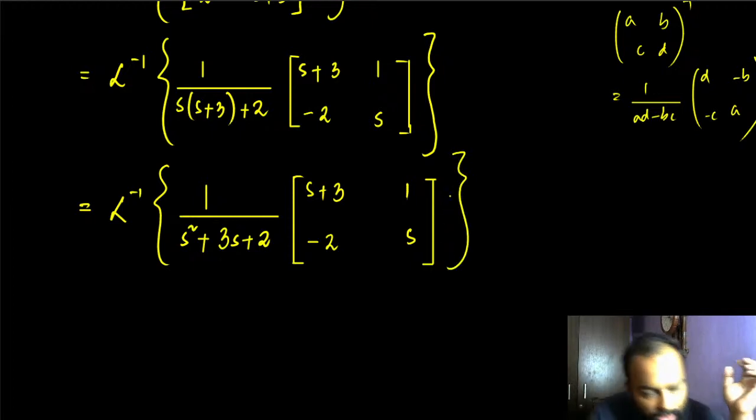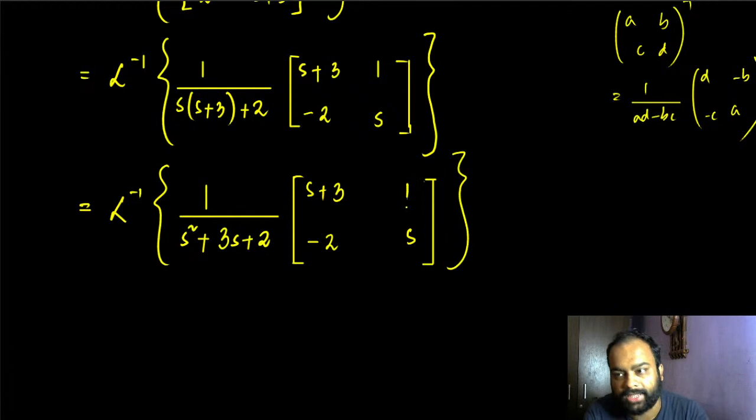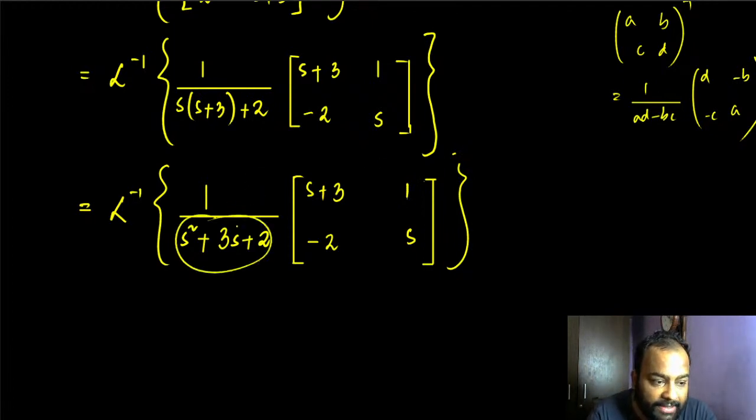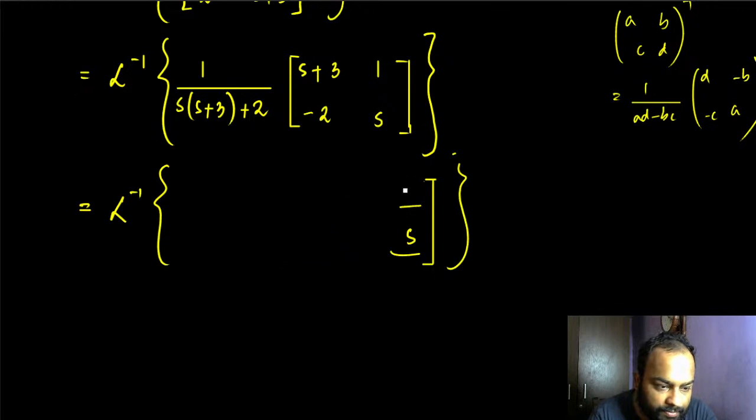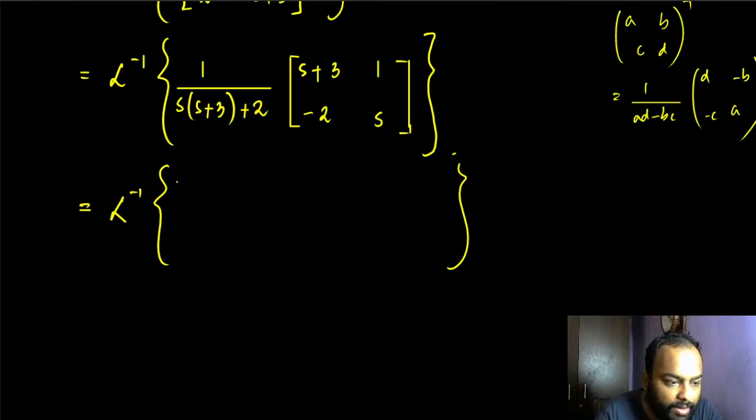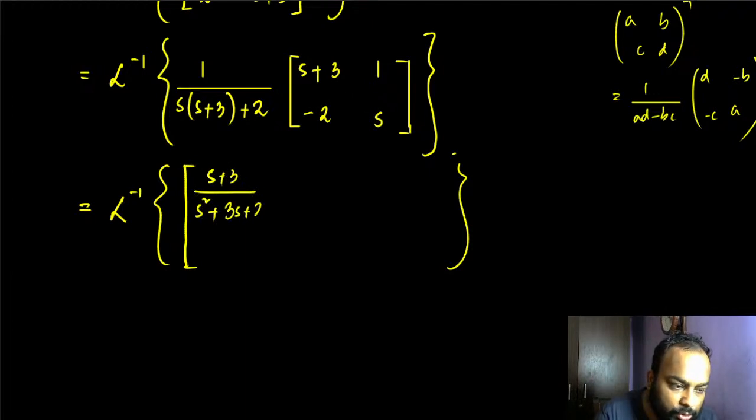All right, so we have this right now, but we actually need to take the inverse here because we need to be able to solve this. So this is a scalar quantity, so this will divide all of them. So instead of writing all these here, let me just write that down properly. So this quantity now becomes (s plus 3) divided by (s square plus 3s plus 2).